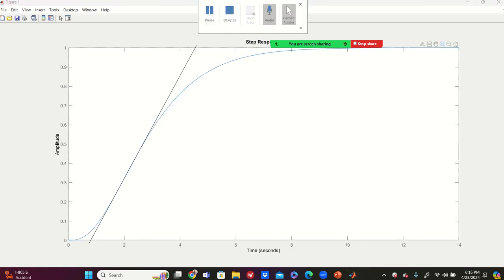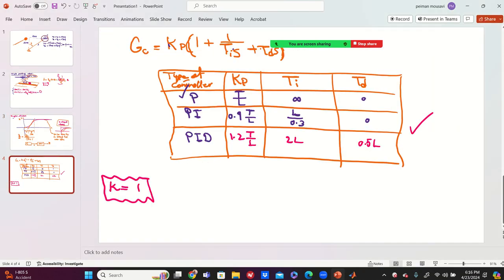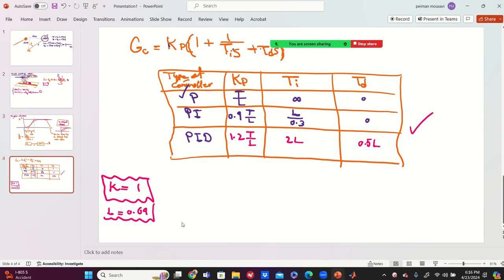Let me stop this. Almost 0.69, say. So your L value is 0.69 almost. And your T value goes from 0.69 to almost 4: 4 minus 0.69, so T is about 3.3. Here we go.